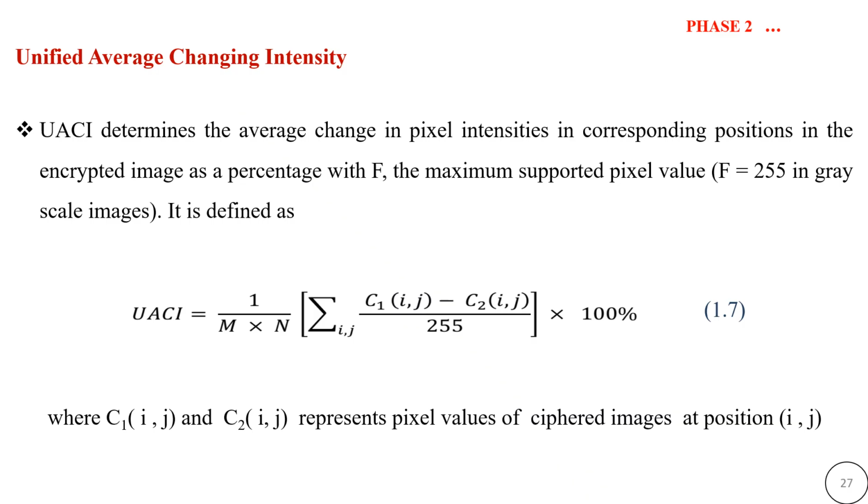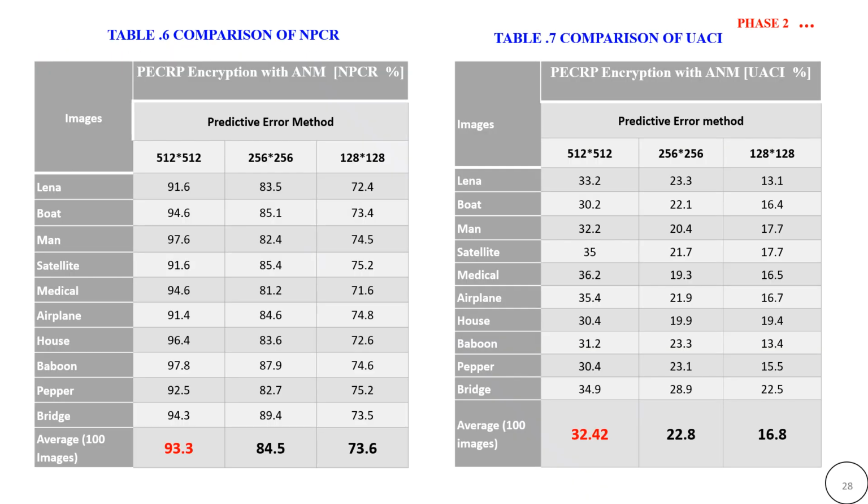It is defined by the formula given in the slide, where C1 and C2 represent pixel values of the ciphered images at position ij. The table compares the NPCR and UACI values.